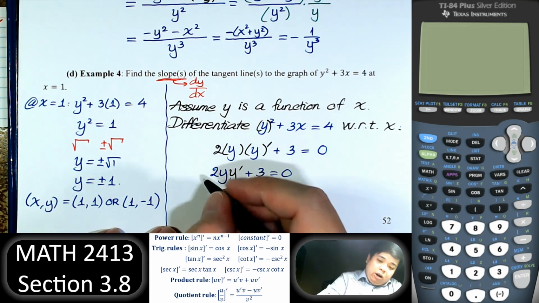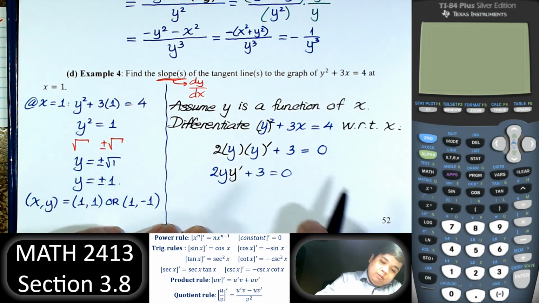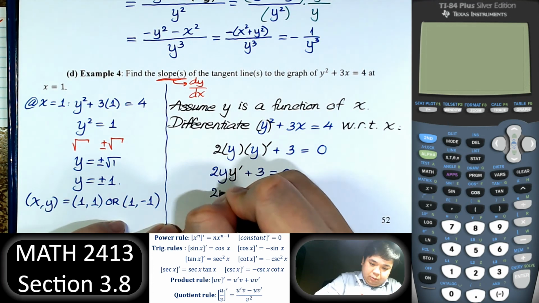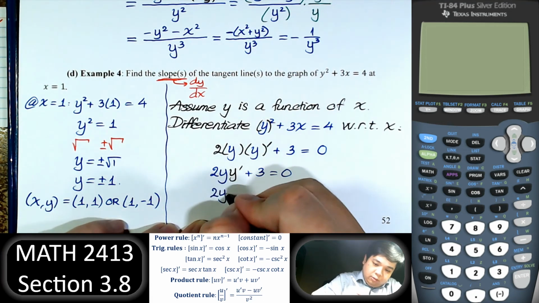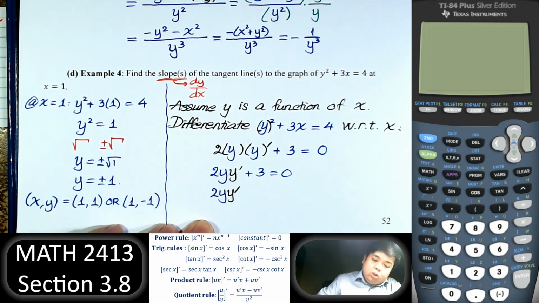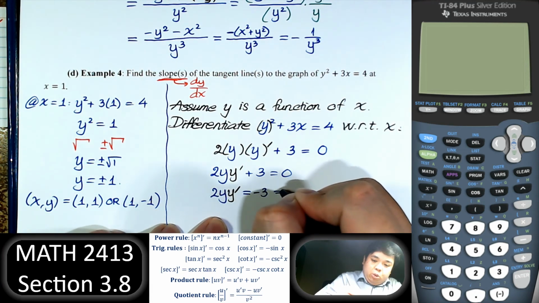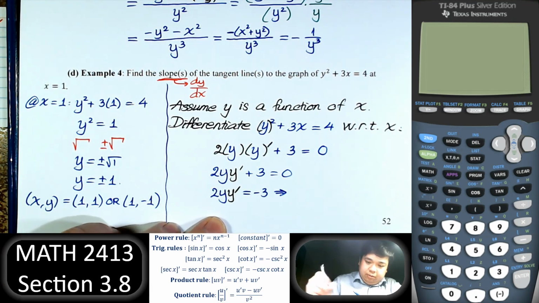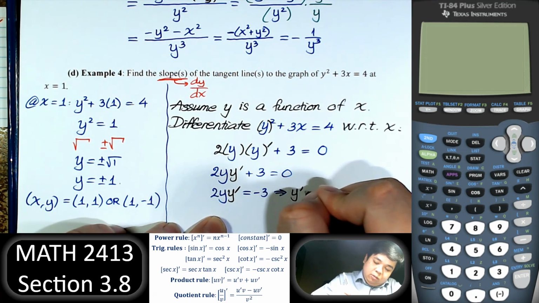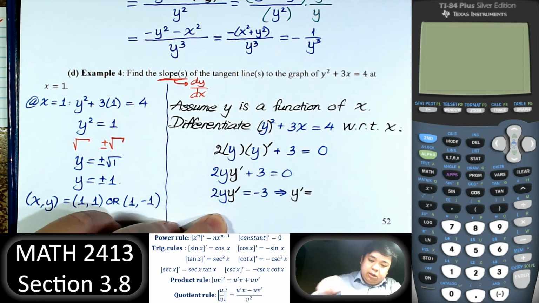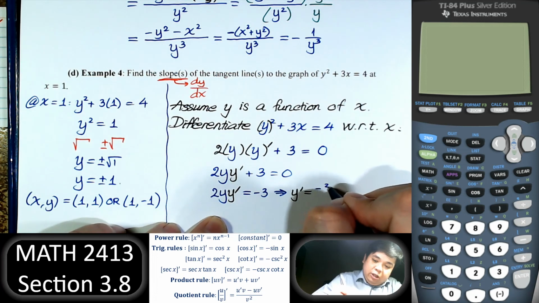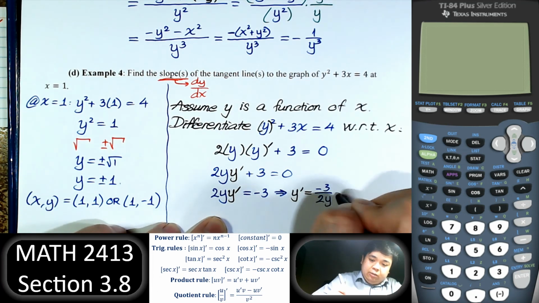And so for y prime, y prime equal to negative 3 over 2y.